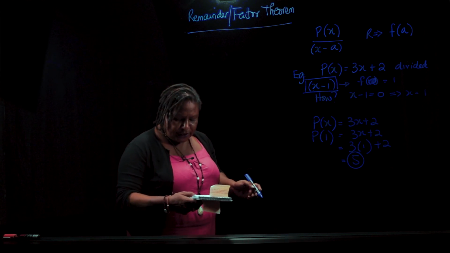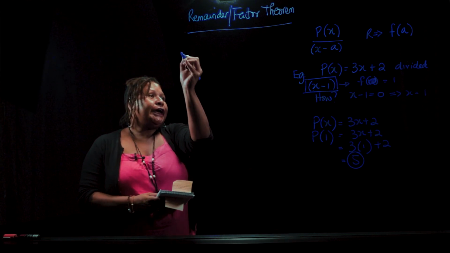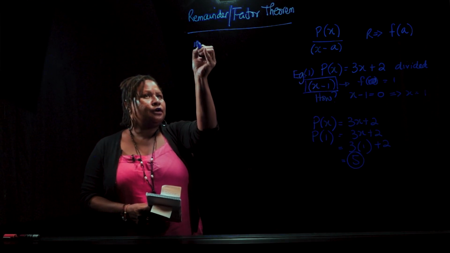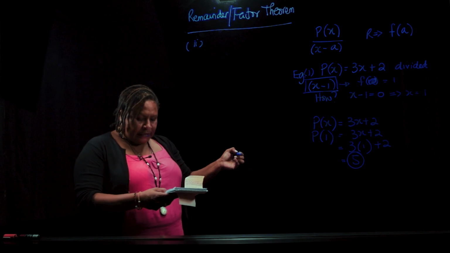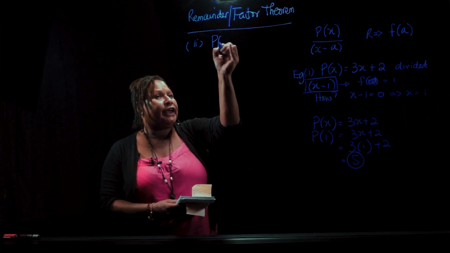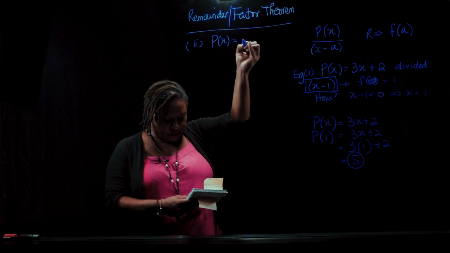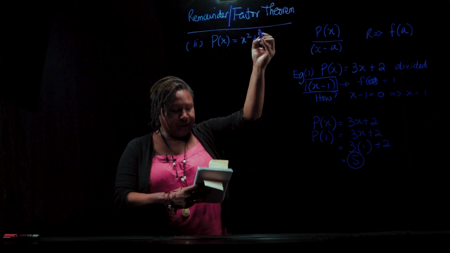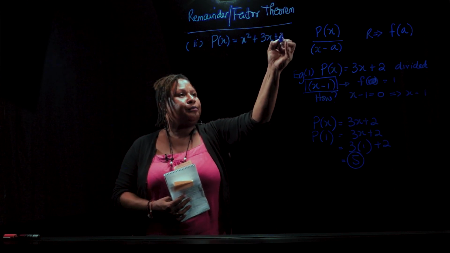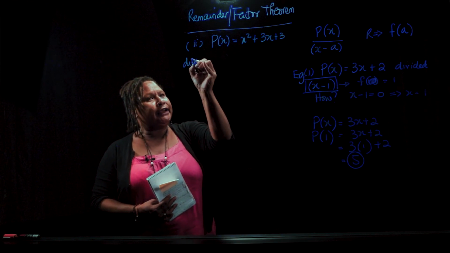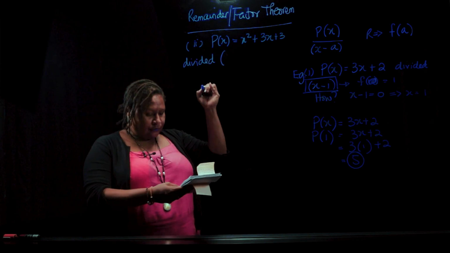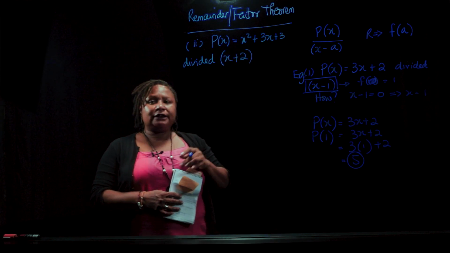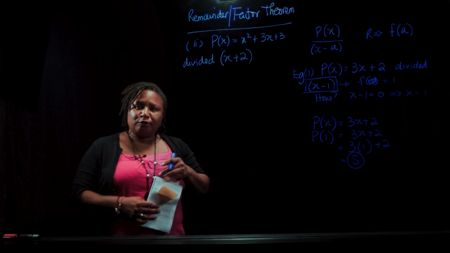So that was example 1. We go to example number 2. If we have the function of x equal to x squared plus 3x plus 3, and this is divided by x plus 2, again we will see if we have a remainder.